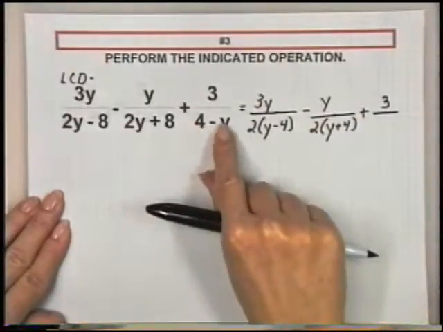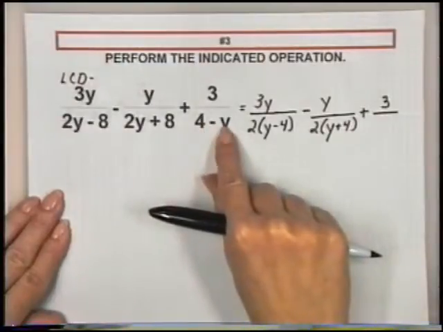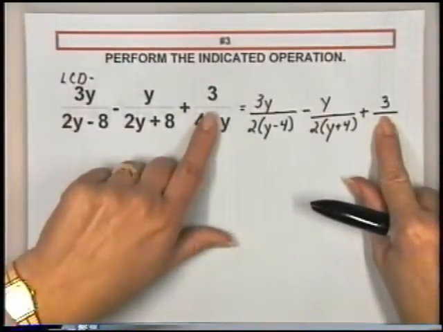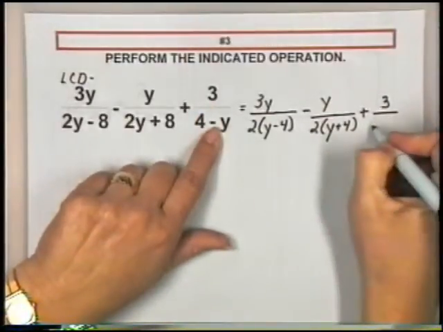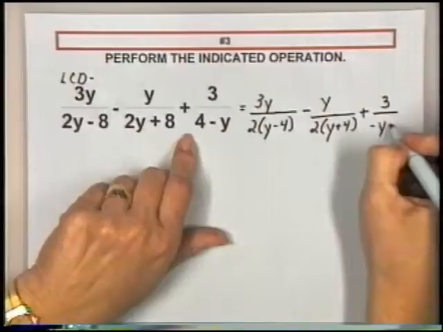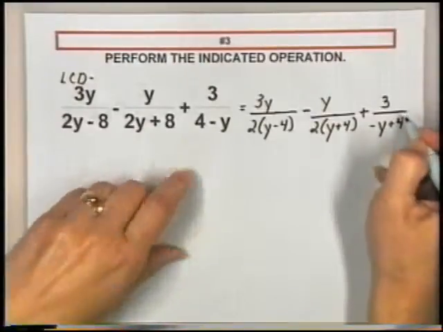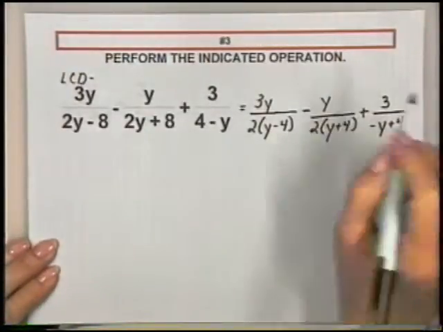The first thing that I'm going to do is to reorder the terms in this denominator. So when I rewrite this fraction, I'll write the 3 in the numerator, but in the denominator, I will write the minus y first and then my plus 4.